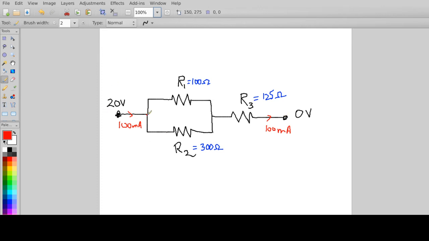Now, what happens right here to the current? It splits. Part of that 100 milliamps goes this way, and part goes that way. If you hadn't done the problem, all you know is that the sum of this current up here and this current down here has got to be equal to 100. But we now know from that chart that through R1 we have 75, so this is going to be 75 milliamps up here.